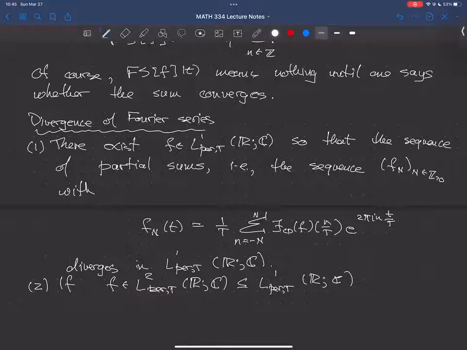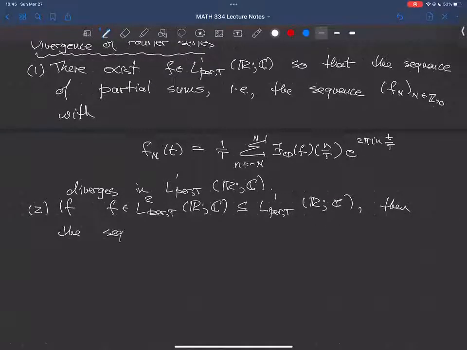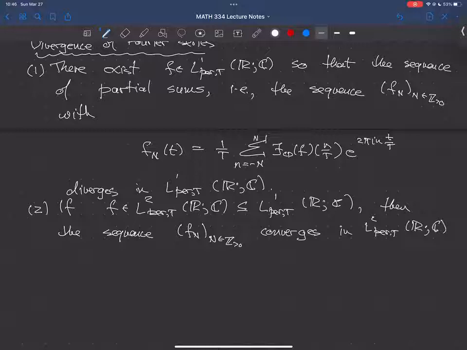So if F is in L2, then the sequence F_N converges in L2 per T, and it converges to F. So it converges in the L2 norm for periodic signals.